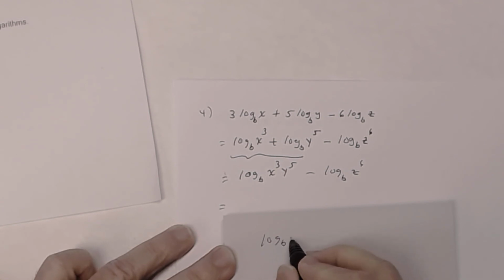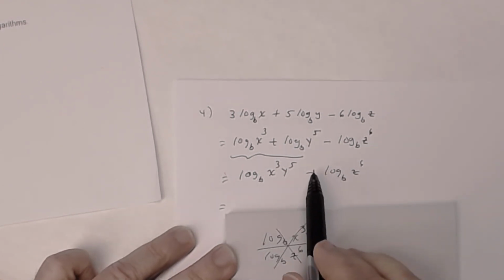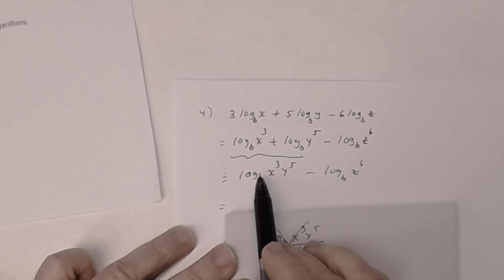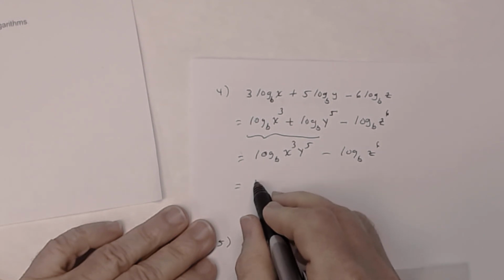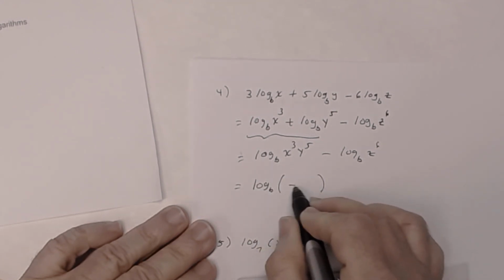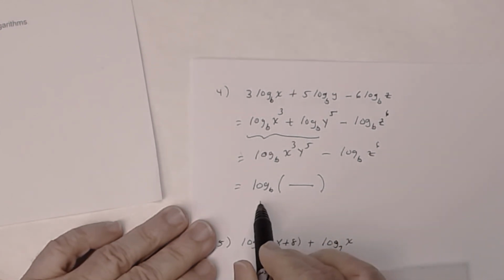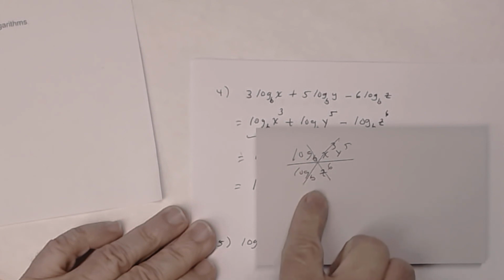They'll say the log base b of x cubed y to the 5th divided by the log base b of z to the 6th. That's incorrect. Okay? So the difference of two logs is the log of the quotient. One logarithm, not this. That's incorrect.